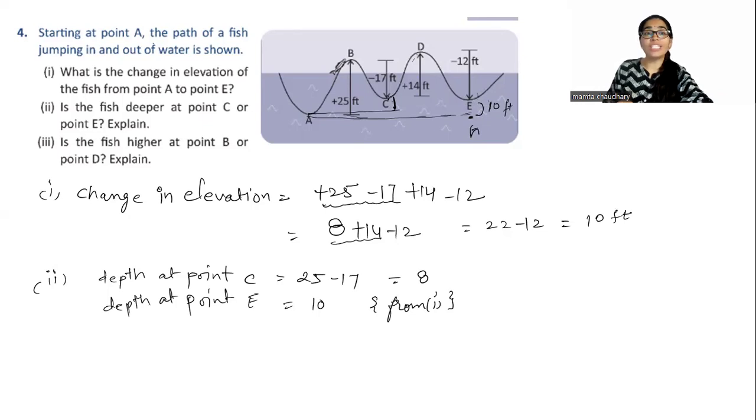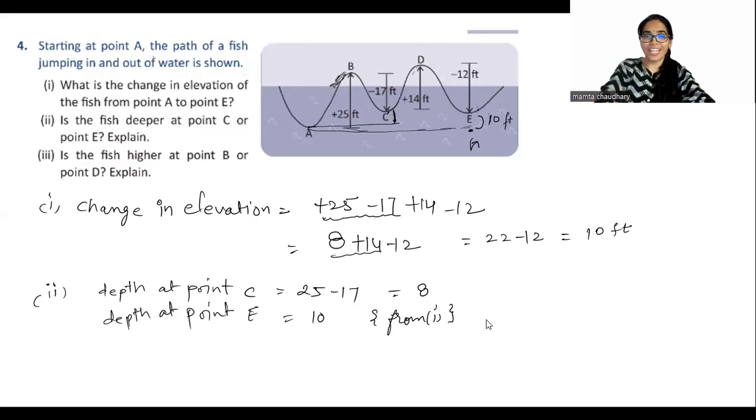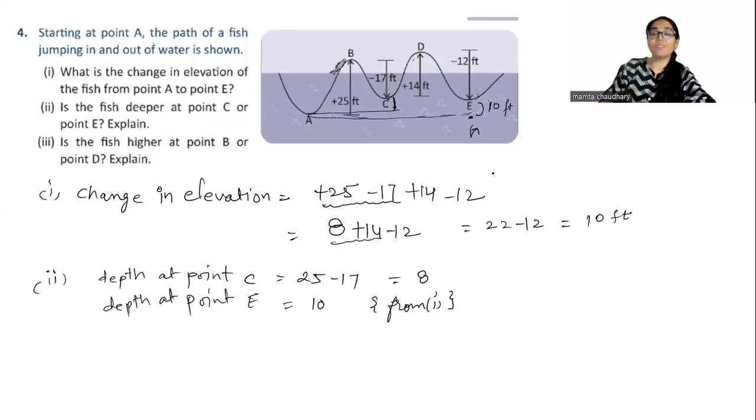Now you can tell at which point the fish is deeper, right? Can you tell? Yes, absolutely correct. It is at point C because it is less. So is the fish deeper at point C or point E?